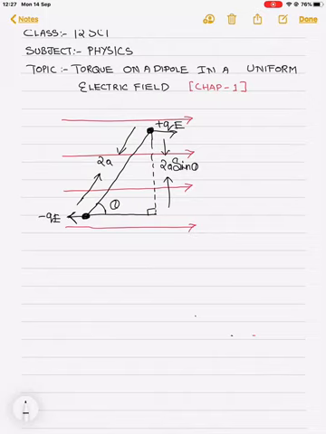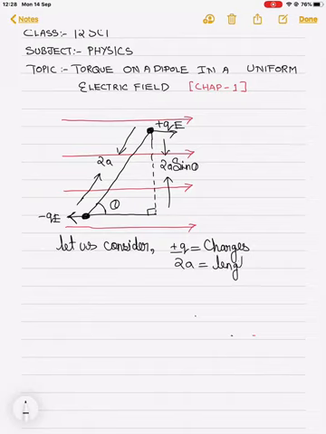Now to understand this further, we need to consider a few assumptions. Let us consider: first one, plus Q and minus Q are the charges. 2a is the length of the dipole.